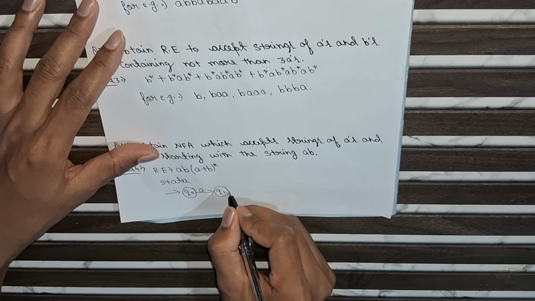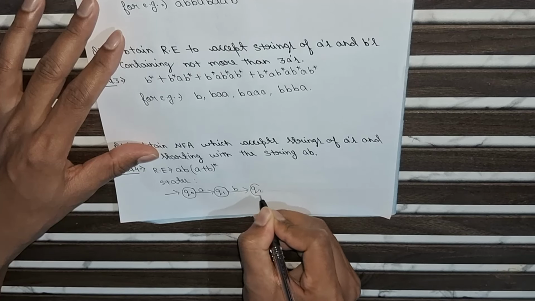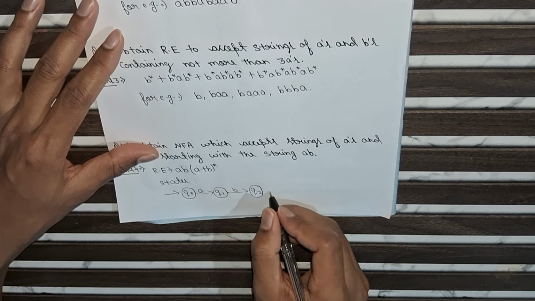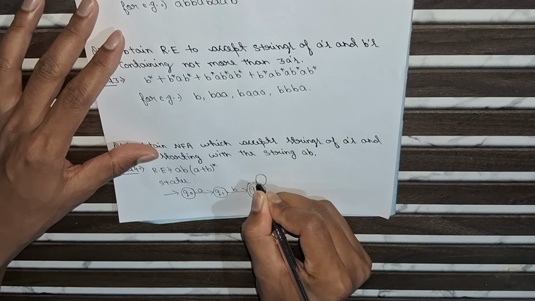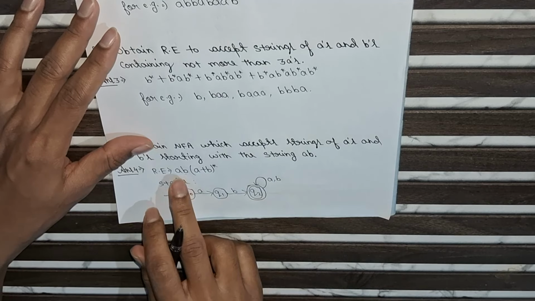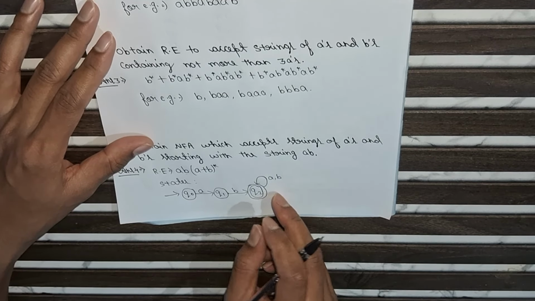Firstly A is there, then B, q2, B is fulfilling here. Now q2 will be the final state, because any combination of A's and B's can be possible after AB. So this is the transition diagram.